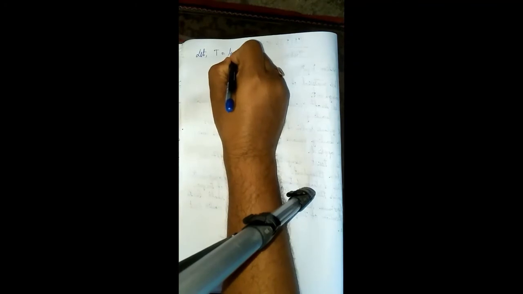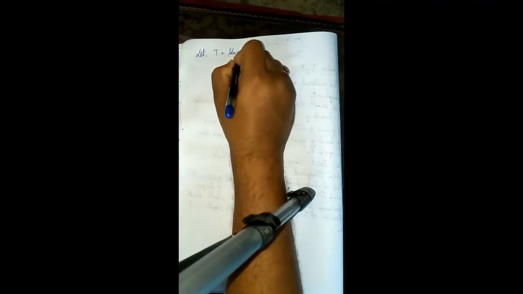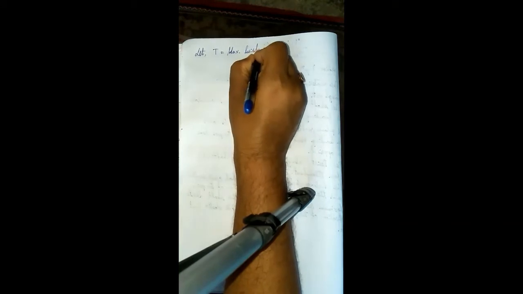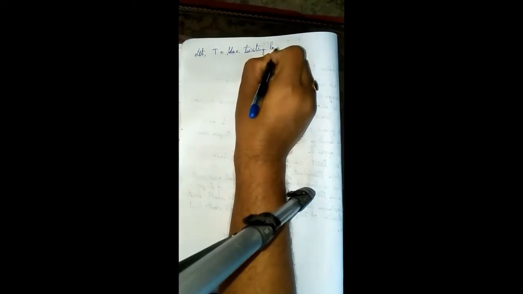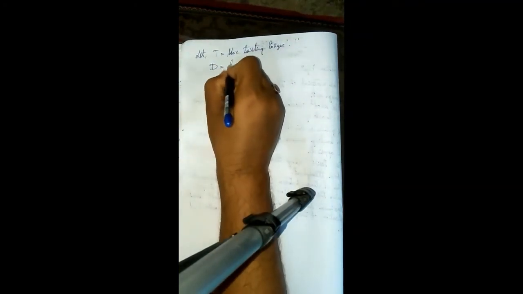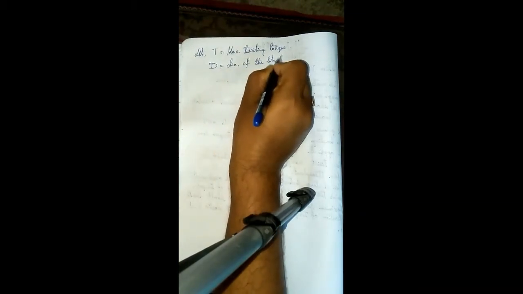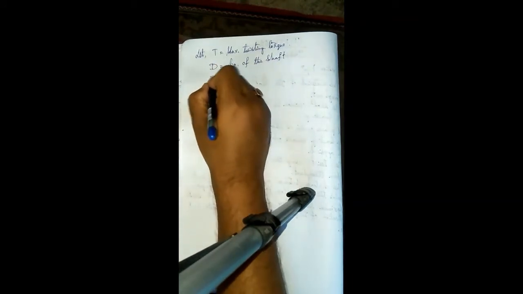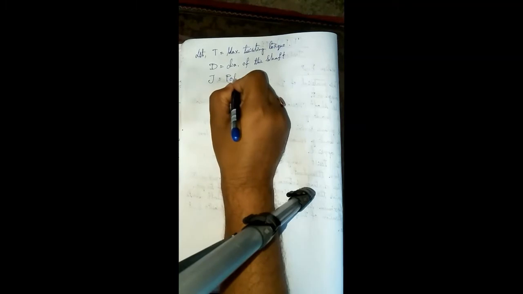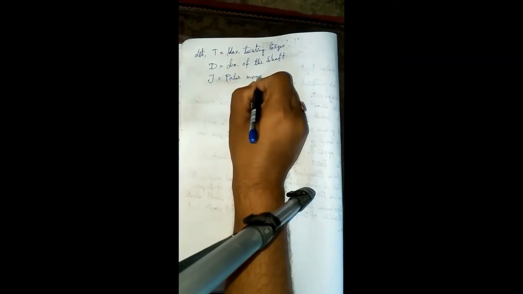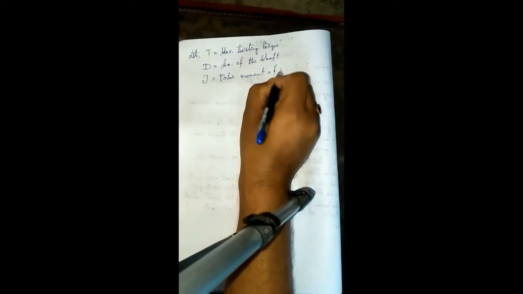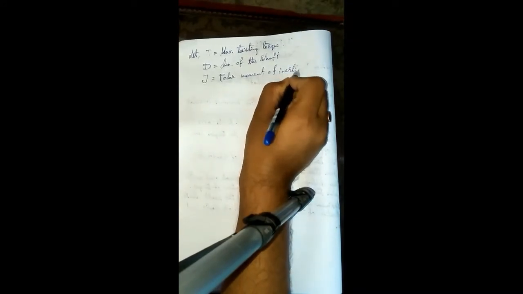Let capital T be the maximum twisting torque. D is the diameter of the shaft. J is the polar moment of inertia.